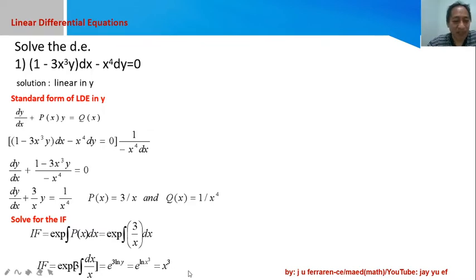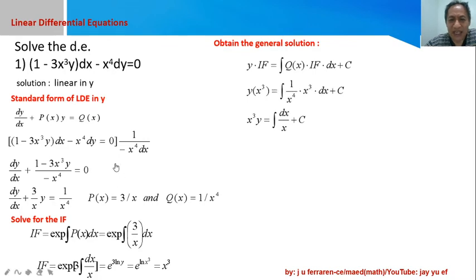So after knowing the IF, you can proceed with the general solution. We are also given a formula that y must be multiplied with the IF, and that's equal to the integral of Q(x) times the IF, dx, plus c for the general solution.